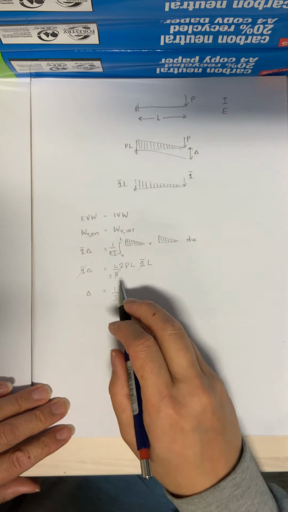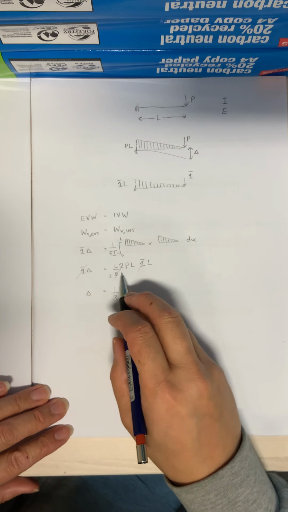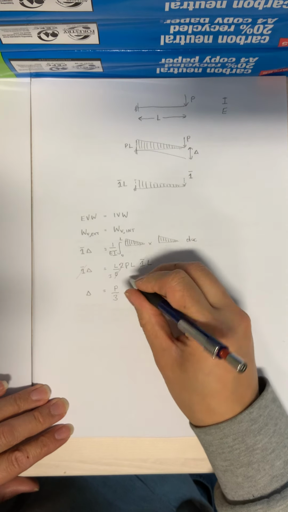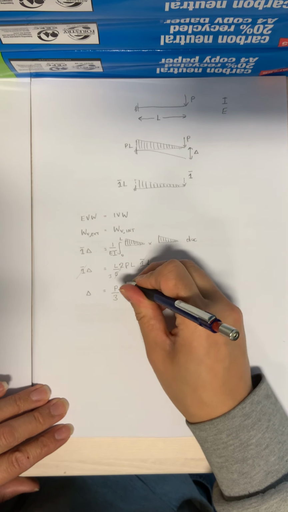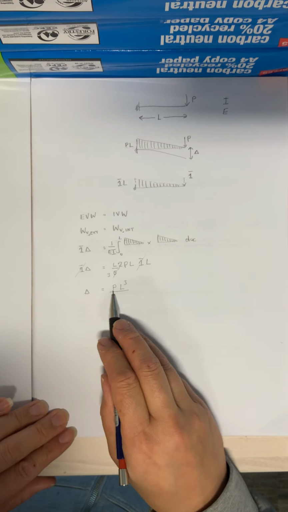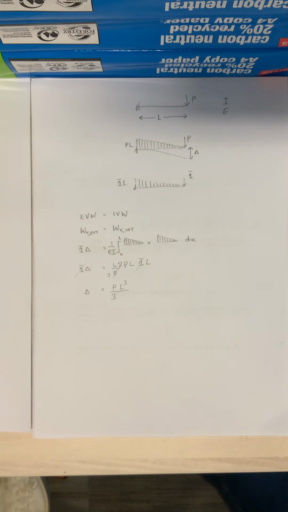So that's going to be 1 over 3 times, put that P, and then put that as L cubed. So the delta is going to be PL cubed over 3.